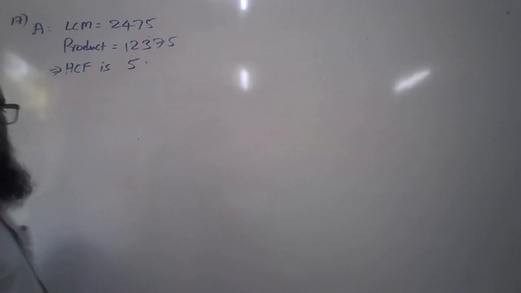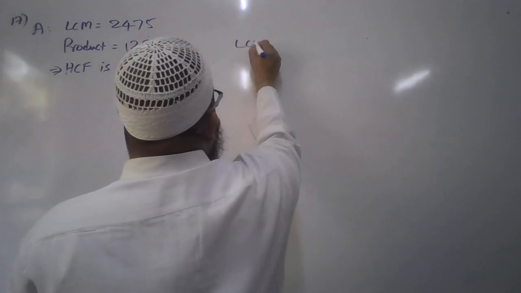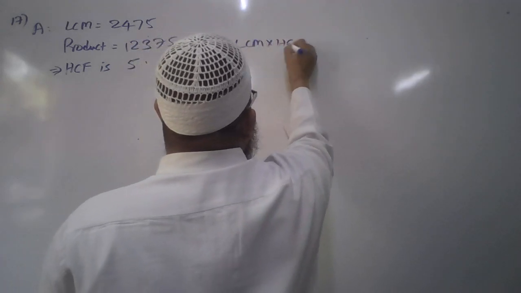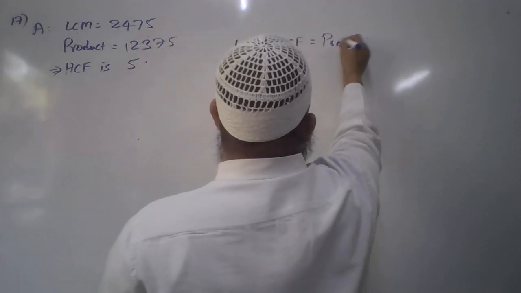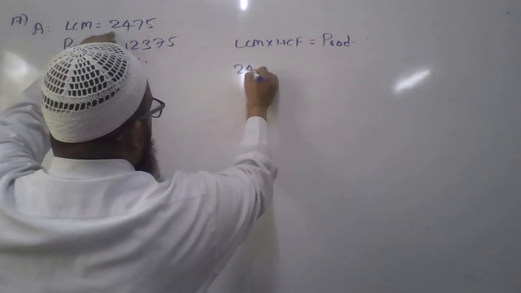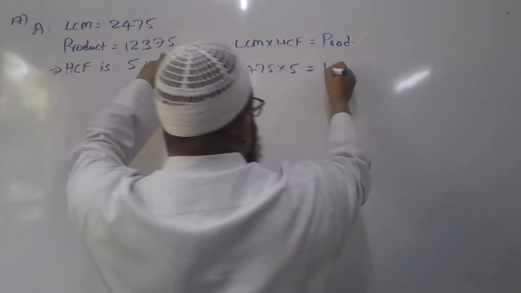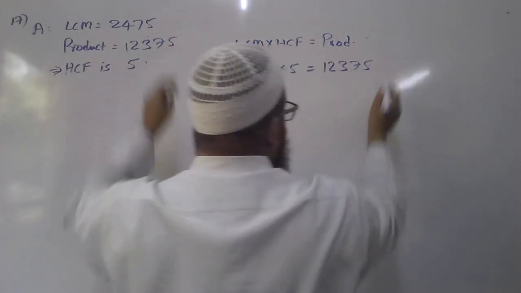So what are you supposed to do? And what is the concept? The concept is LCM, HCF and product. We know that LCM into HCF is equal to the product of the two numbers. So let us check. LCM is given 2475, HCF is 5 and the product is given 12,375.